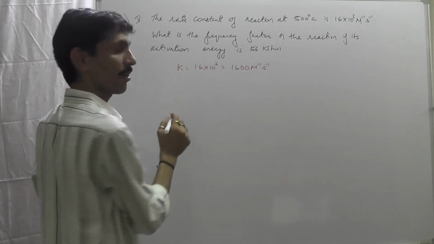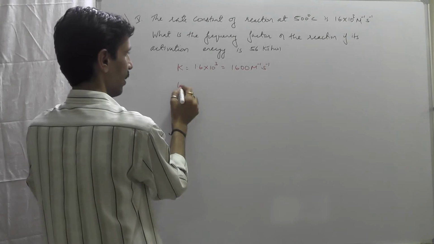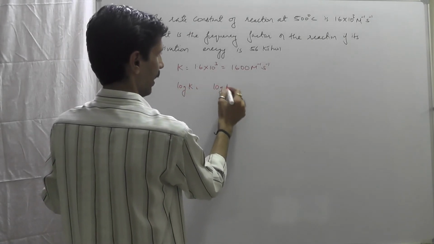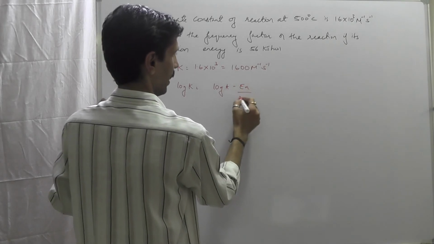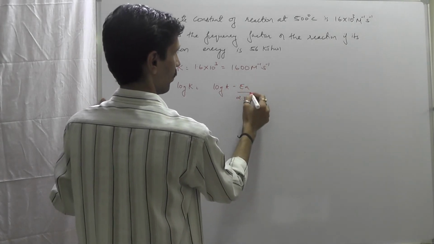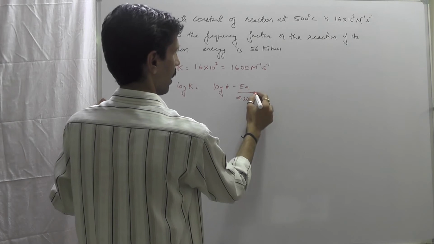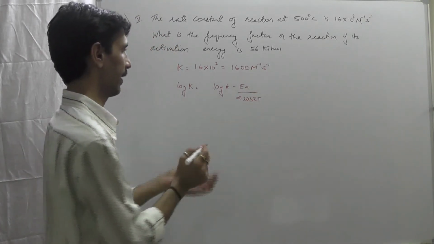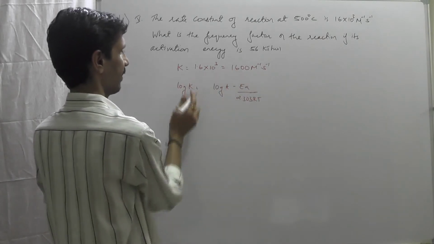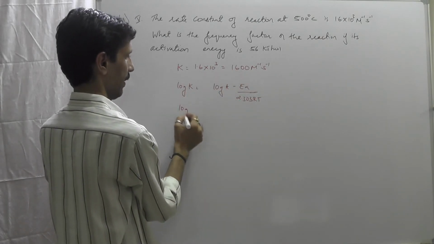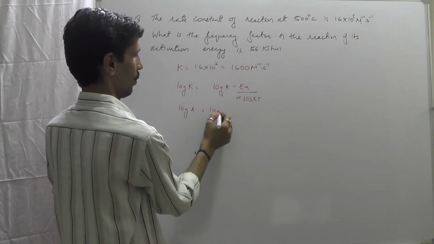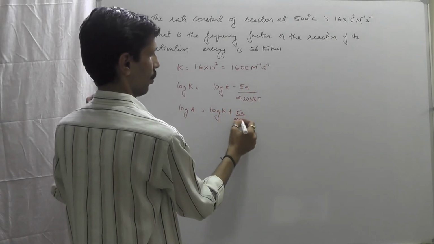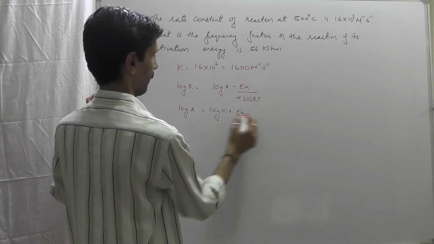Now when we go into the formula, it says log of K is equal to log of A minus EA upon 2.303 RT. Okay, 2.303 RT. Now we bring this on this side. So log A will be equal to log of K plus EA upon 2.303 RT.